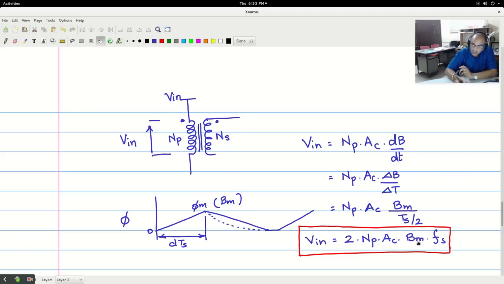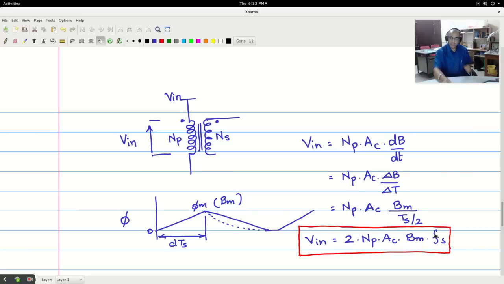So in the case of ferrites, Bm will be around 0.2 Tesla. You see the saturating flux density for the ferrites is 0.3 Tesla. So allow around 0.2 Tesla. And the frequency is your switching frequency. It could be 10 kilohertz, 20 kilohertz, depending upon what you are setting as the switching frequency. So this is one part of our work done.